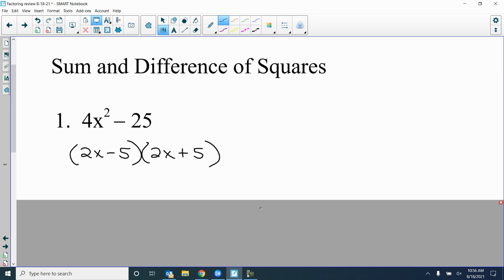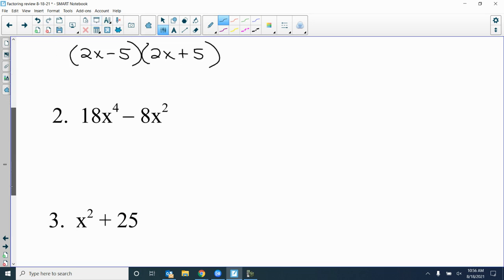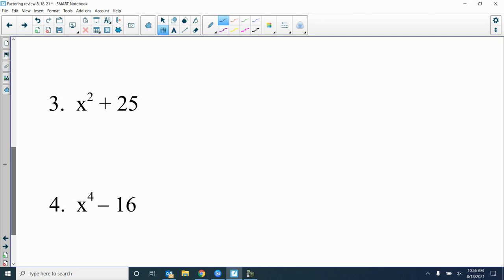Why does that work? What happens when you FOIL them? What happens to those two middle terms? They cancel out. Hopefully you remember that a little bit. I don't know if you've got time to write this one down, but just pay attention. I'm going to skip down to number 3. x squared plus 25.